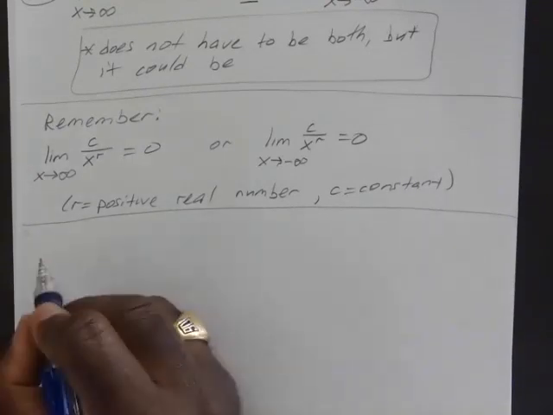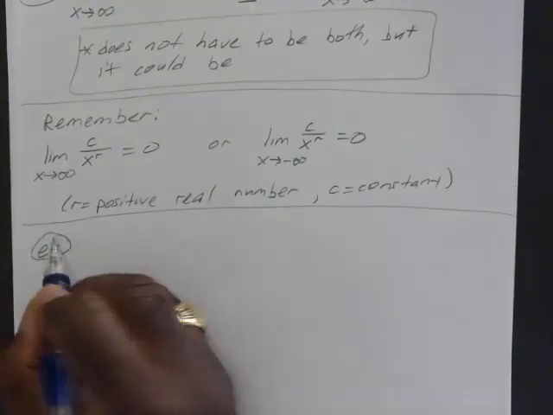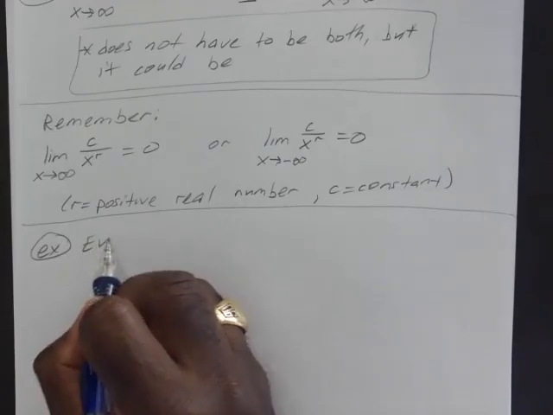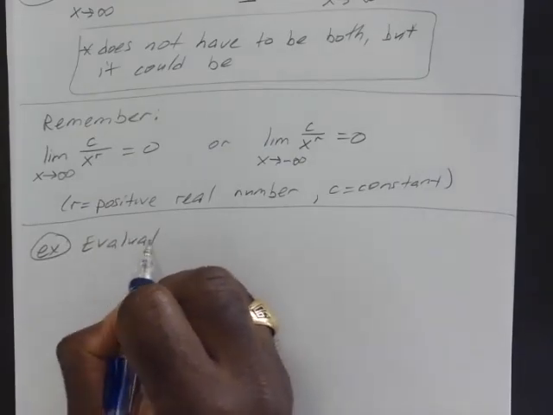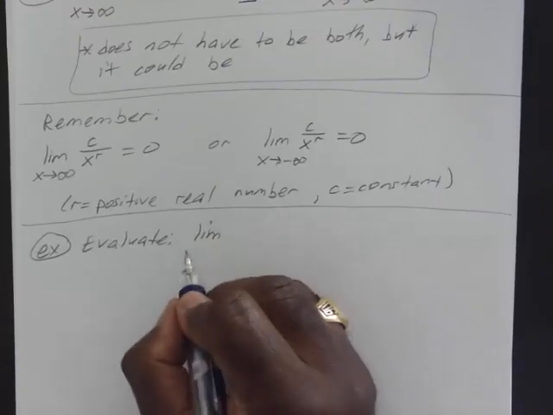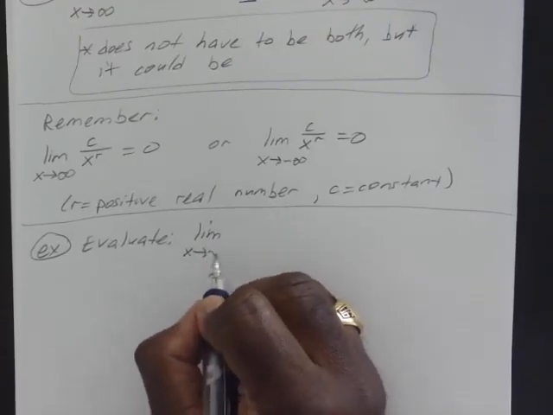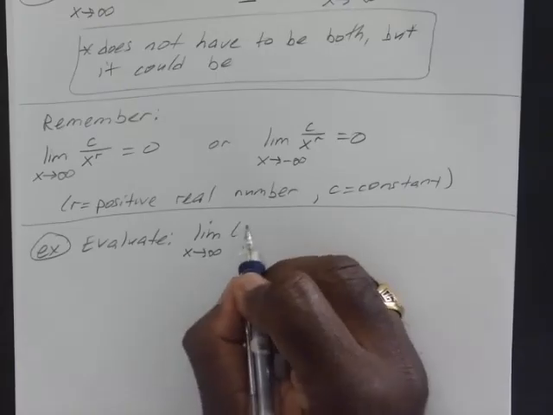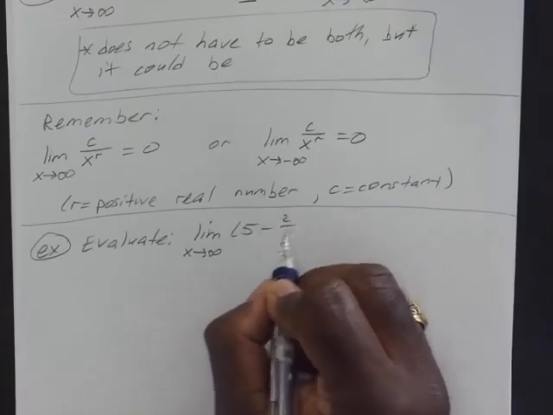So let's say, for example, if we wanted to evaluate the limit as x approaches infinity of 5 minus 2 over x squared.